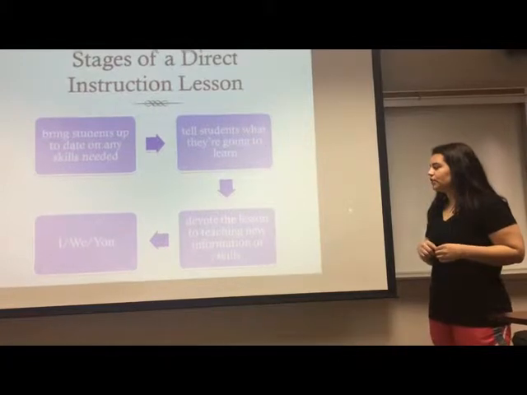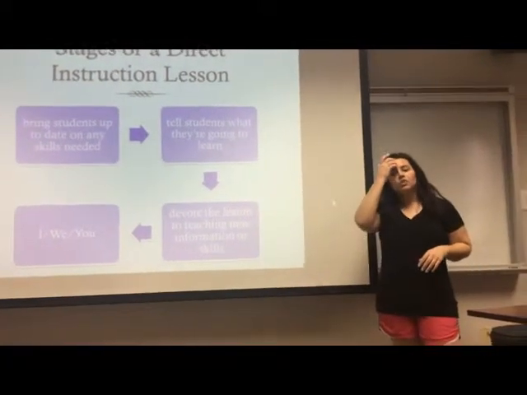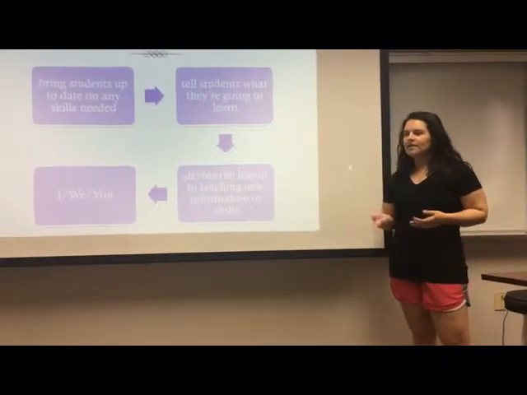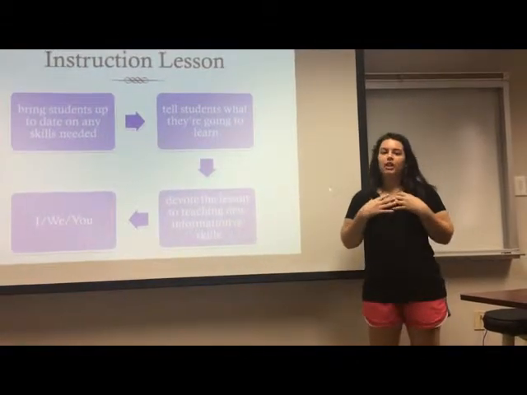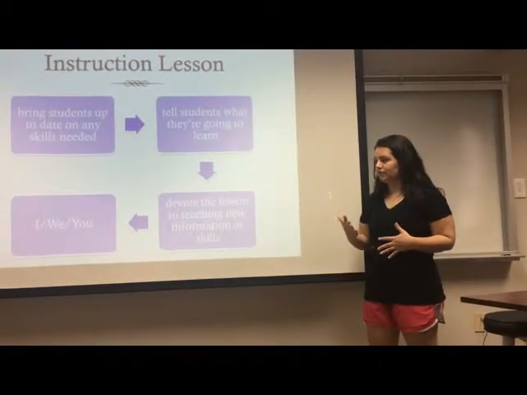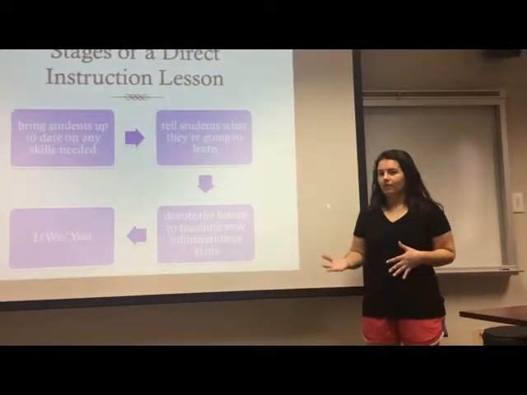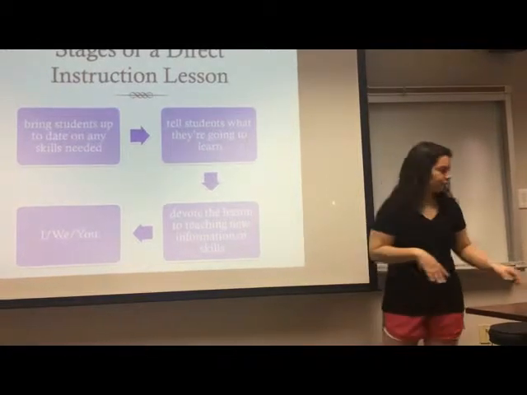The third stage is devoting the lesson to teaching new information or skills. So this is the time where you talk entirely about the new information you want them to learn. And then the last stage is I, we, you, which talks about the teacher, I, giving the information, we, doing examples together, with or without help from the teacher, and then you, the student, doing it completely by themselves.